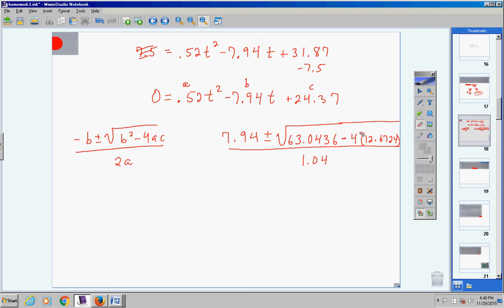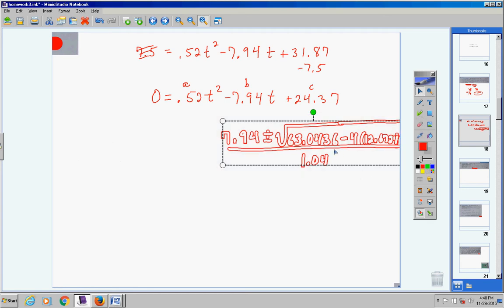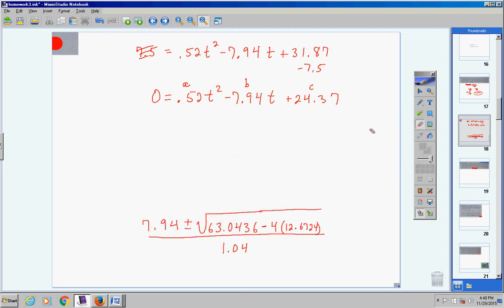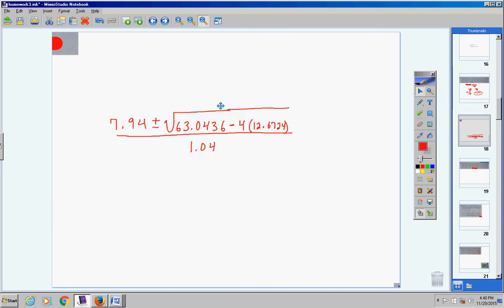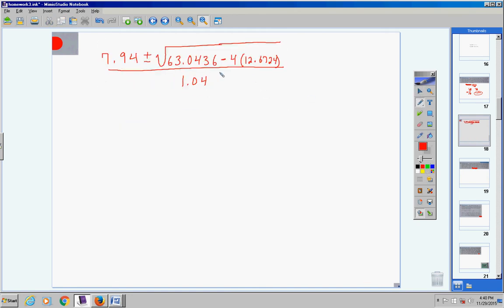Now, I'm not going to take a lot of time and simplify the radicand. Remember, the radicand is the number under the radical, okay? I'm just going to say we have a negative 4 times a positive 12.6724. You'll get a negative number, then combine that with 63.0436, and your radicand will be 12.354.